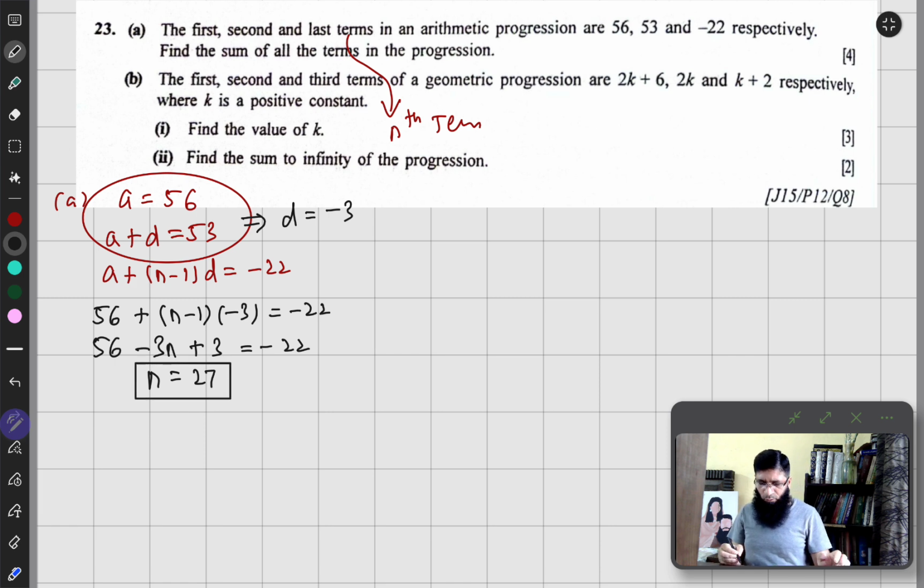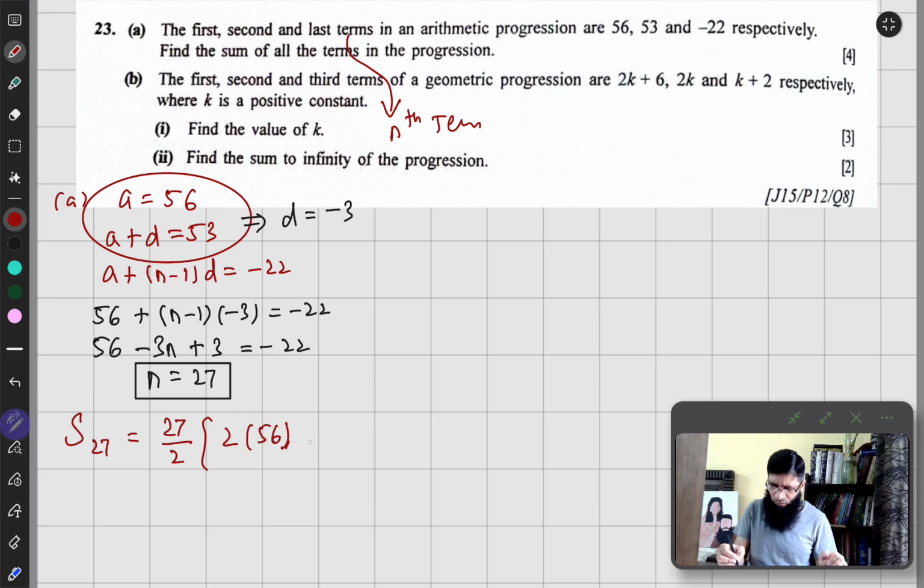It means you are supposed to find the sum of all the terms in the progression. So you are supposed to find S27, sum of 27 terms. That will give you 27 over 2 times the first term, which is 56, plus n minus 1, it means 27 minus 1, times the difference, which is negative 3.